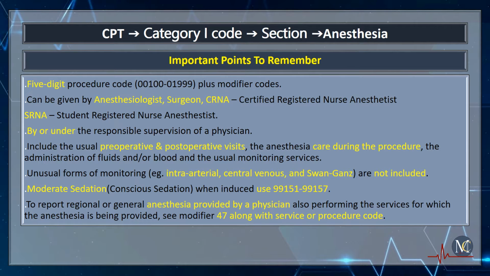Anesthesia services include the usual preoperative and postoperative visits, the anesthesia care during the procedure, the administration of fluid and blood, and usual monitoring services like ECG, temperature, blood pressure, oximetry, capnography, and mass spectrometry. Unusual forms of monitoring like intra-arterial, central venous, and Swan-Ganz are not included.